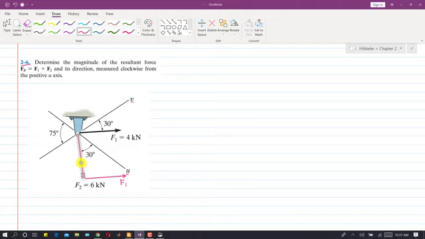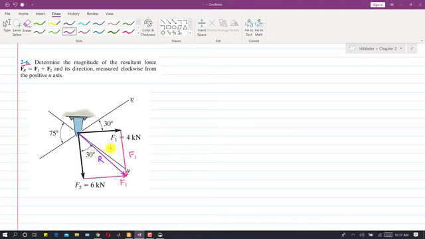I have to move this and place its tail on the head of F1. So then this is F1. So this will be the resultant. By the head to tail rule, we have to draw this resultant, so this resultant should be directed from the tail of the first vector to the head of the last vector. So this is the resultant.